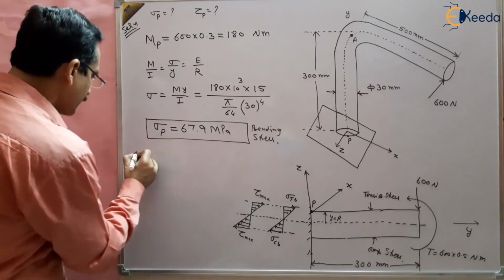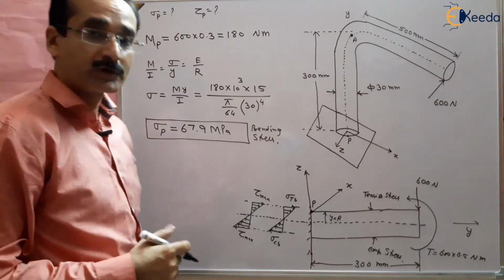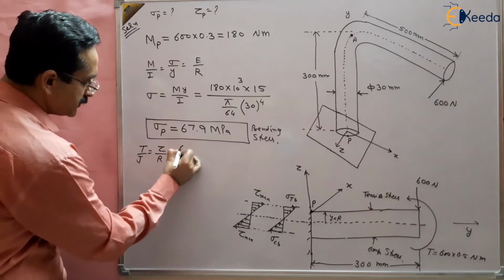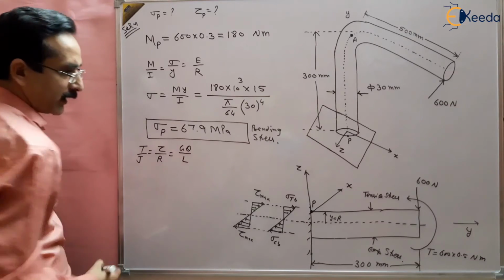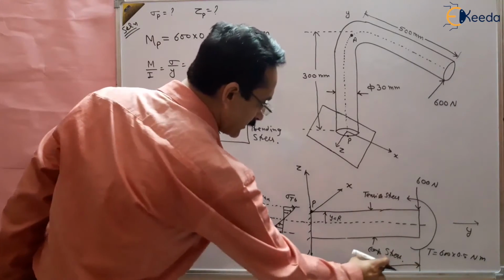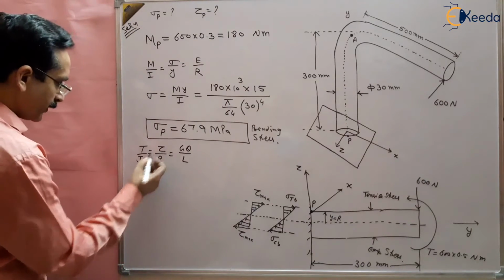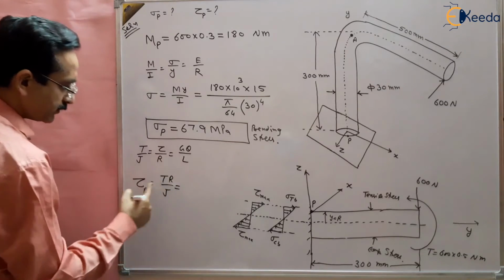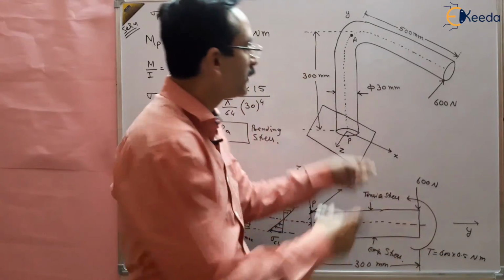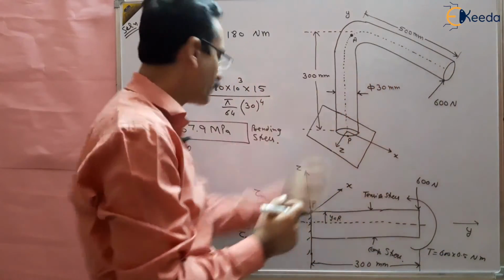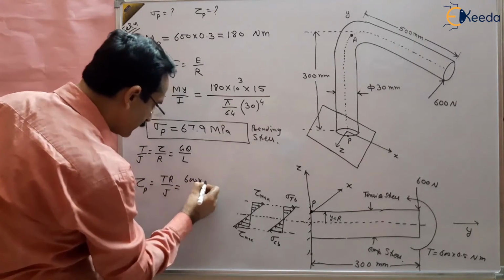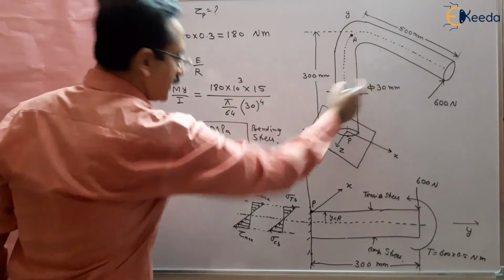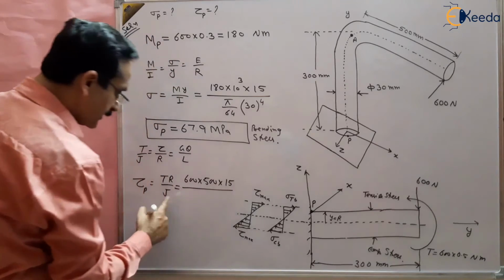Shear stress can be found from the torsion equation. What is the torsion equation? T by J equals tau by R equals G theta upon L. L is the length, which is 300 millimeter. So from here tau can be found out. Tau at point P will be equal to TR upon J. R is the radius. The torque is 600 multiplied by 0.5, that is the twisting moment, which you can write as 500 in millimeter, multiplied by R, radius 15 mm, divided by J, the polar moment of inertia.